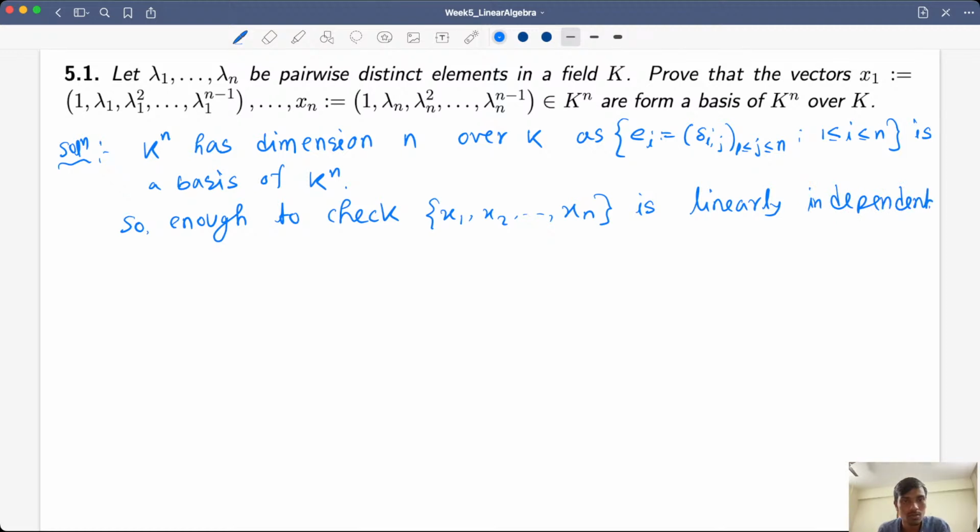So suppose we consider the sum of a_i x_i, i equal to 1 to n, equals 0. Each of x1, x2, ..., xn is a vector in K^n, right?